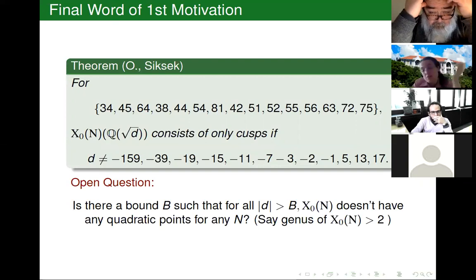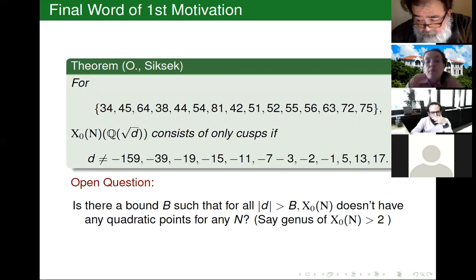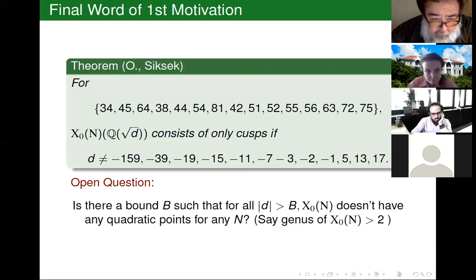So maybe one can ask whether this is always the case. Can we find a bound B such that for all D whose absolute value is bigger than this bound, the corresponding modular curve doesn't have any quadratic points for any level? That's a widely open question, in fact.